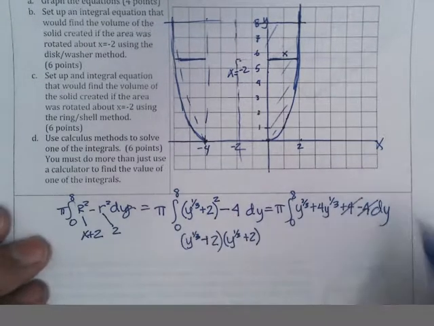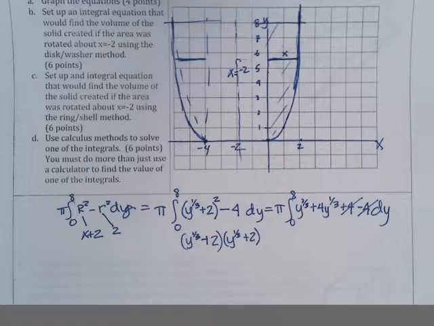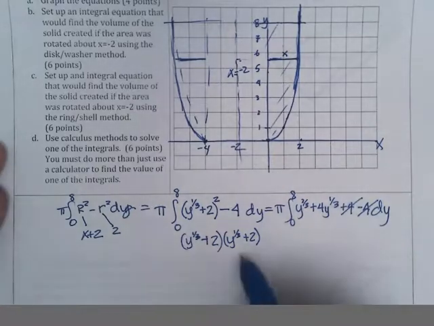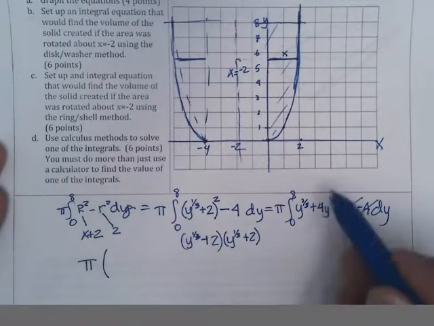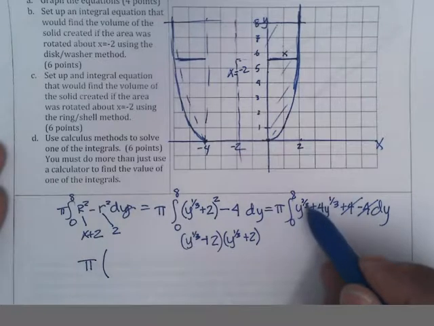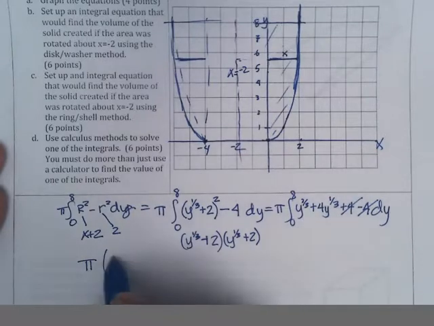Those cancel, and I get to do the antiderivative now, which is going to be pi times 2/3 add 1 is going to be 5/3, so it's 3/5 y to the 5/3.